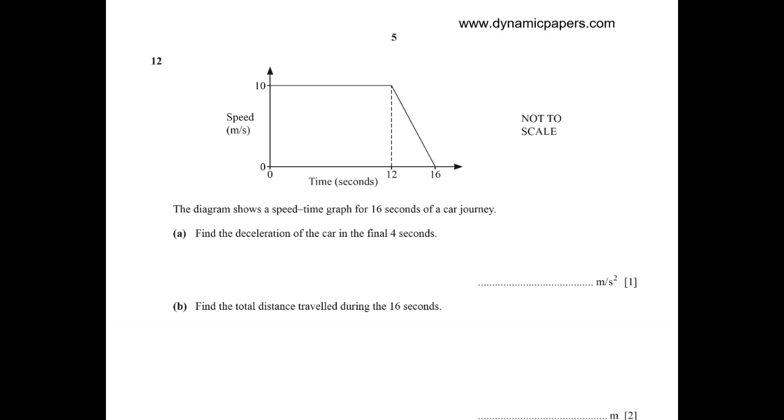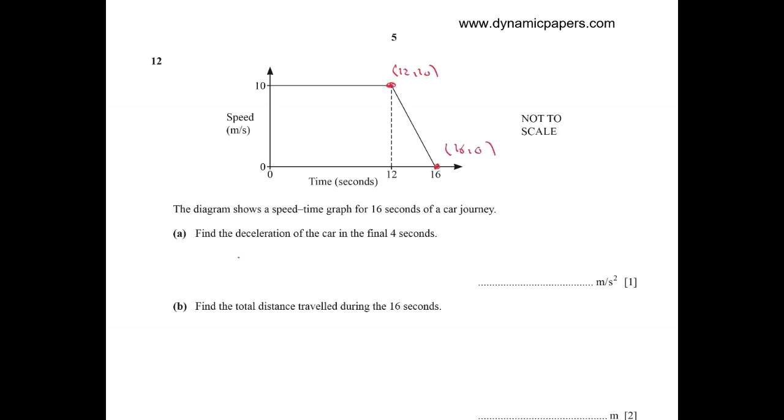Question 12. The diagram shows a speed time graph for the first 16 seconds of a car journey. Find the deceleration of the car in the final 4 seconds. To find the deceleration of the car, we have to find the gradient for the last 4 seconds. This point will be 12 and 10, and this point is 16, 0.